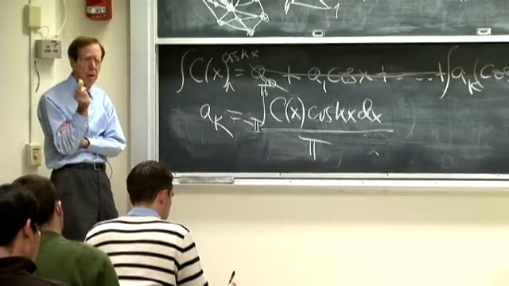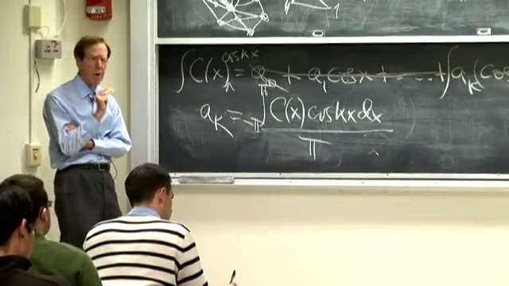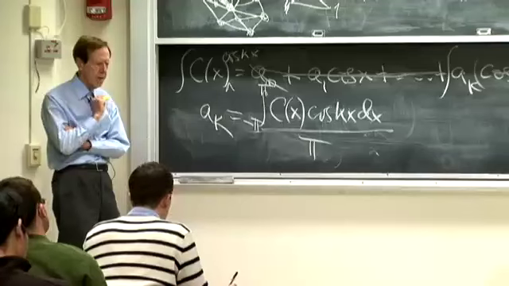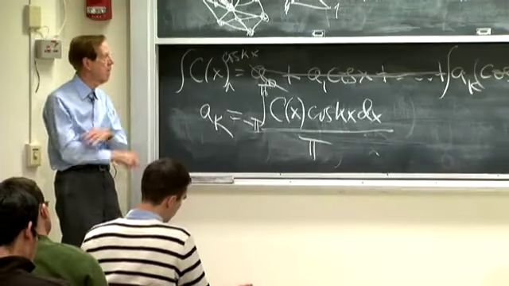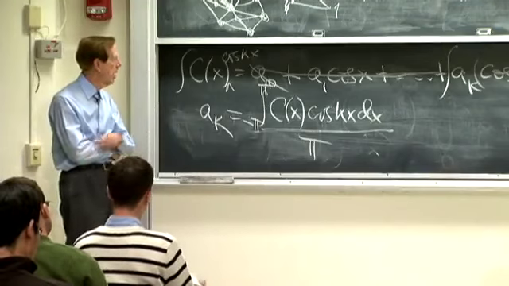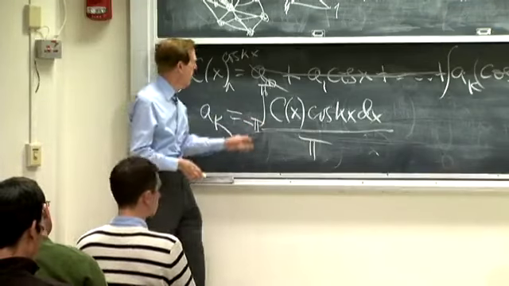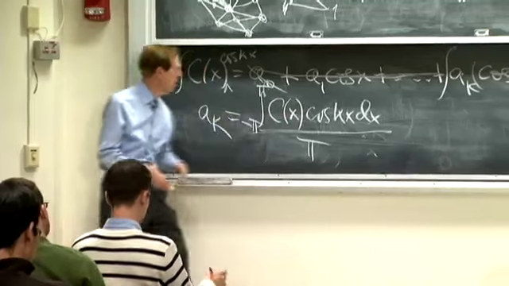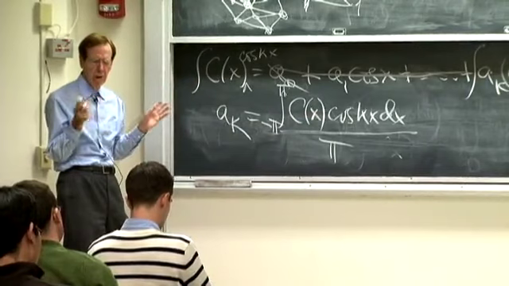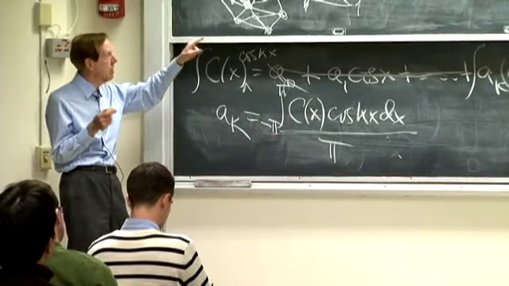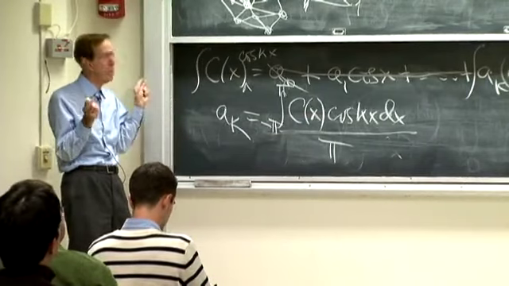Now I've got my particular c of x, my square wave, square pulse. A very, very important, famous Fourier series. So what do I have? From minus pi to pi, what's my integral? Well, my integral really doesn't go from minus pi to pi because my function is mostly 0. Where does my integral go?